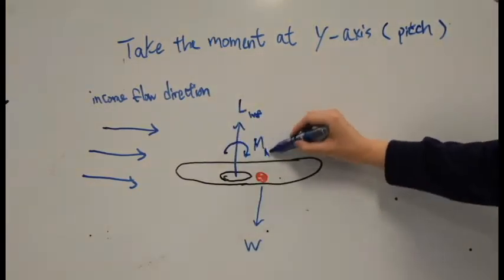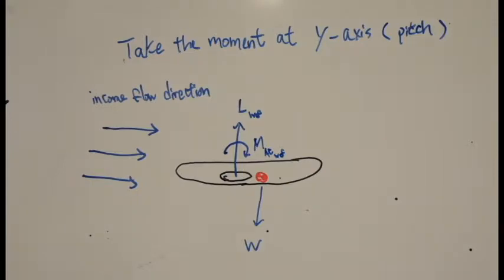In such situation, the force distribution is simply like a weight pointing downwards from the CG, which is denoted by W, and a lift force by the wing pointing out from the wing aerodynamic center, which is denoted by LWF, where WF stands for wing and fuselage.